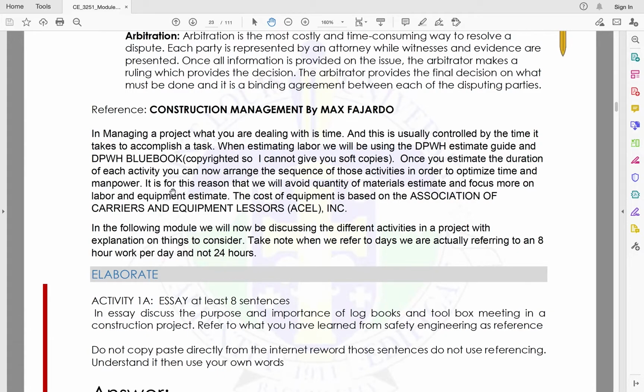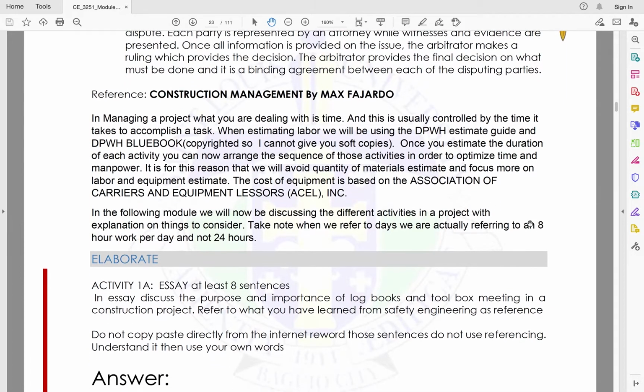Then it is for this reason that we will avoid quantity of materials estimate and focus more on the labor and equipment estimate. So the cost of equipment is based on association of carriers and equipment lessors, or it is ACEL. Okay, so yun yung ginagamit natin for equipment cost. So in the following module, we will now be discussing the different activities in a project with explanation on things to consider.